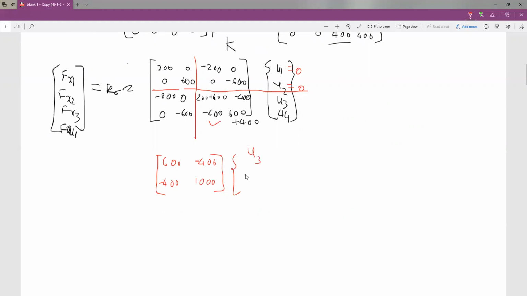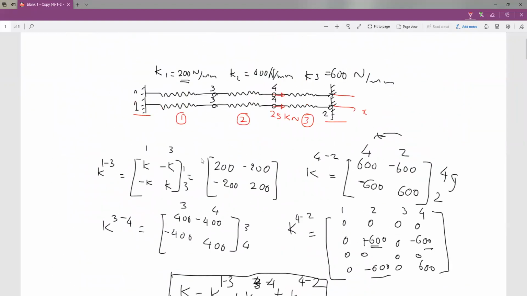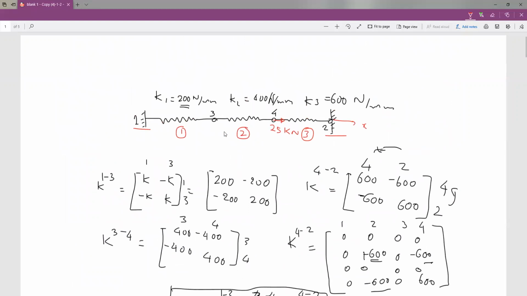So U3 and U4, here I can write. Now there will be F3 and F4. You can check whether there is any load. Of course, node 3, F3 will be 0, but F4 is definitely going to be 25.